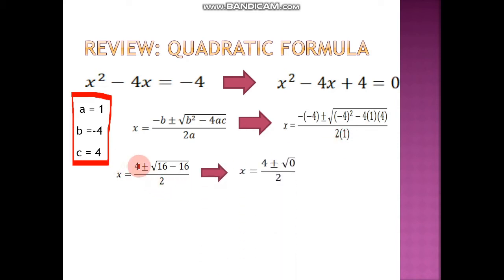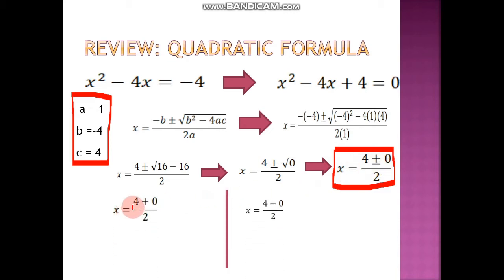And then simplify the radicand. 16 minus 16 is 0. So we got x is equal to 4 plus and minus square root of 0 over 2. And then we know that square root of 0 is 0. From here, we will separate this plus and minus sign.